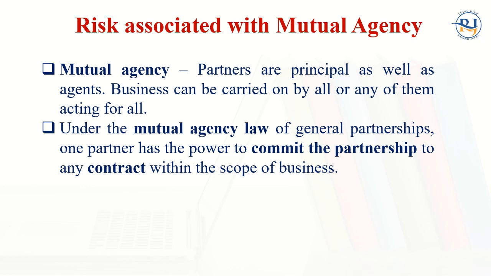For example, if one partner has done some commitment or act on the basis of the partnership and within the scope of the business, and the consequences are very harsh and intolerable, the rest of the partners will be held responsible for the act done by that partner. So this is known as the risk associated with mutual agency.